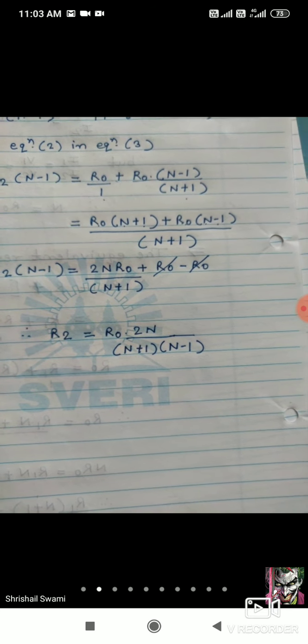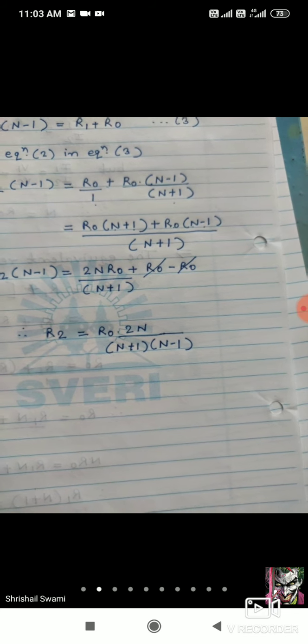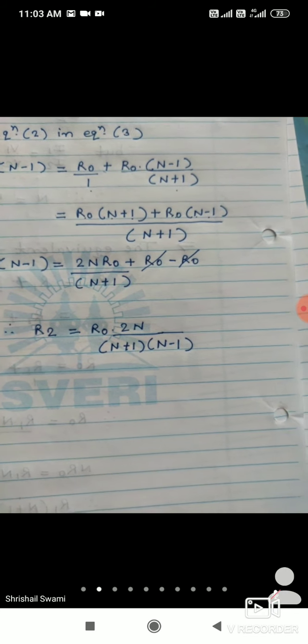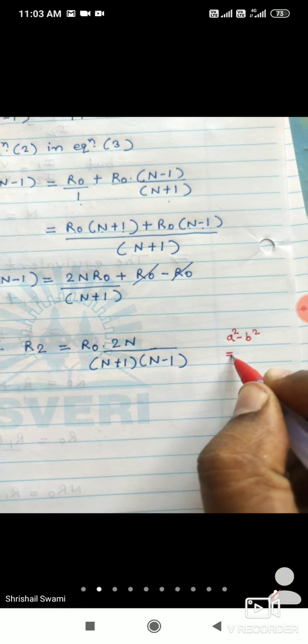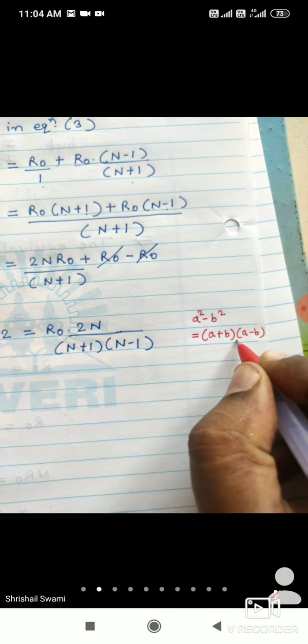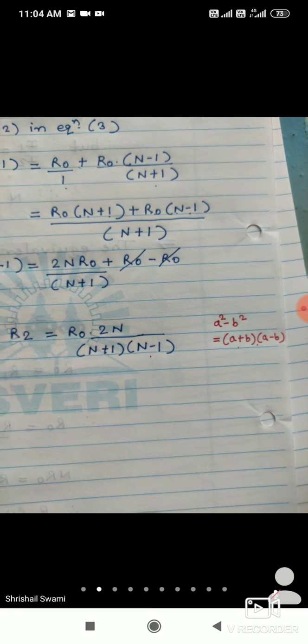Or I will tell in reverse: a square minus b square. Yes, a plus b into a minus b. So this looks the same. Compare both: the value of a is n and the value of b is 1.